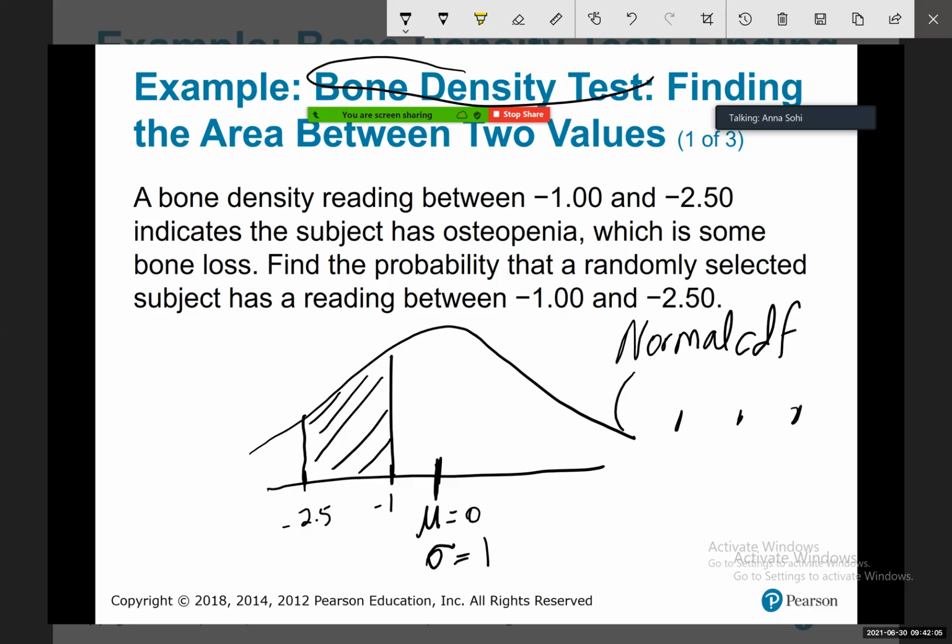What is mu? What is sigma? So put it in here as lower, upper, mu, and sigma. And then send me your answers. Lower, -2.5, upper, -1, mu, 0, sigma, 1. So use your calculator, everyone, and please put this in and tell me what you get.